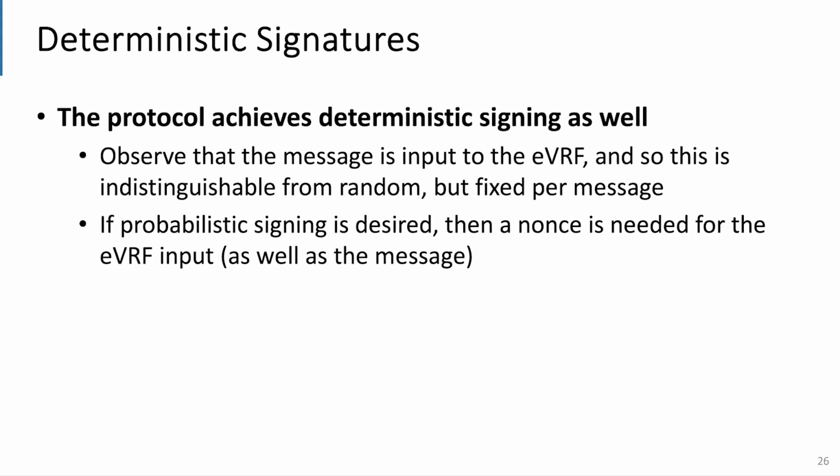What I showed you is actually deterministic as well, because the input that we use to the eVRF for signing is the message. If we use the nonce as well, then we can get probabilistic. But if we just use the message as the input to the eVRF, I'll have deterministic signing because I'm forced to use that message. There is no other nonce share that I can use.